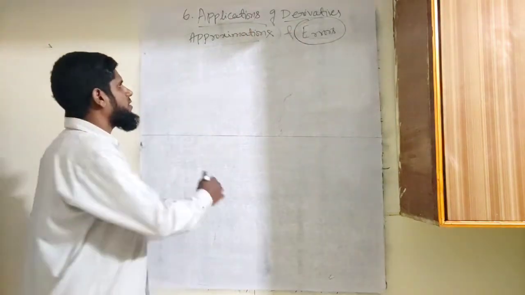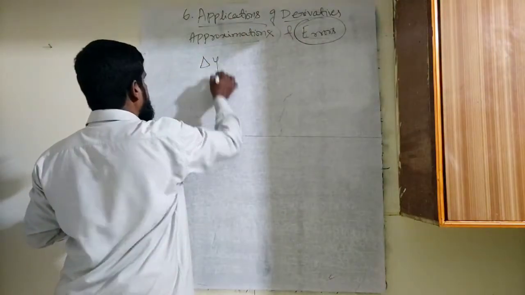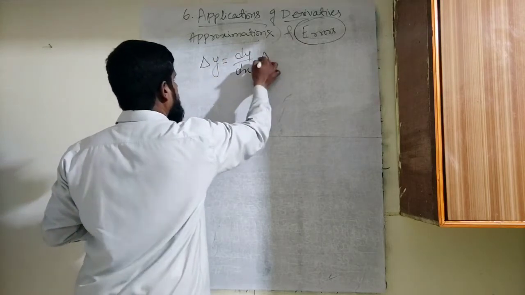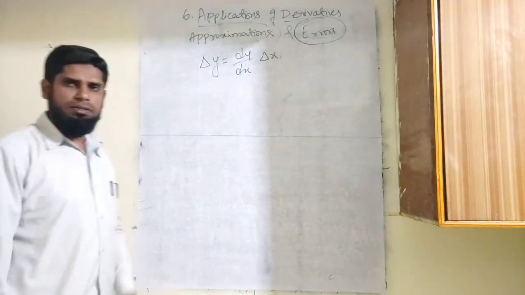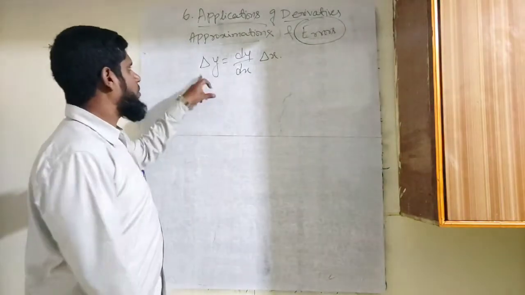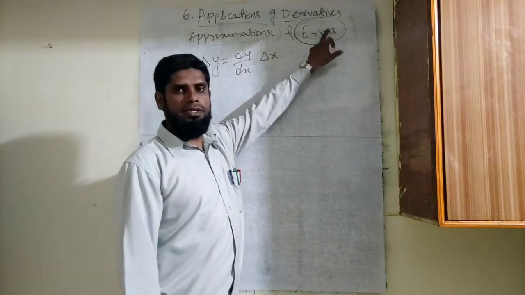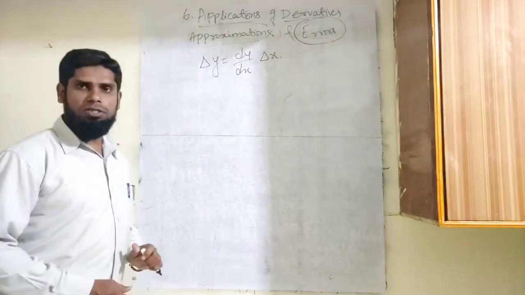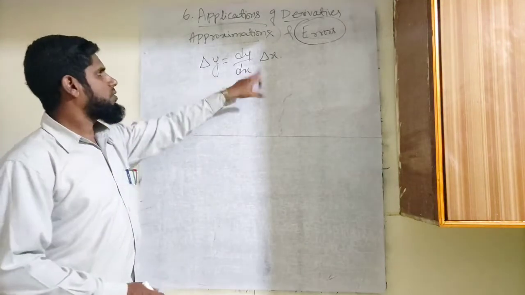And the formula we discussed here is delta y is equal to dy by dx into delta x. This is the formula we are going to use in errors, and let us try to solve some problems based on this formula.